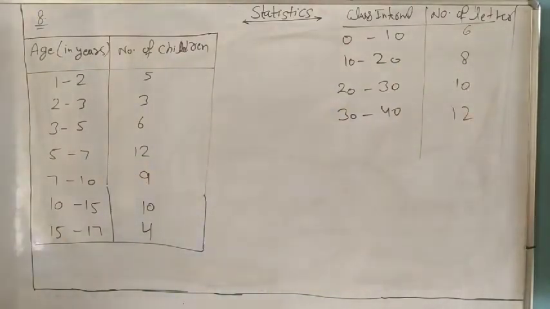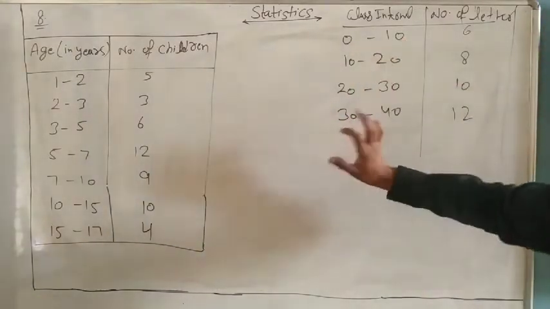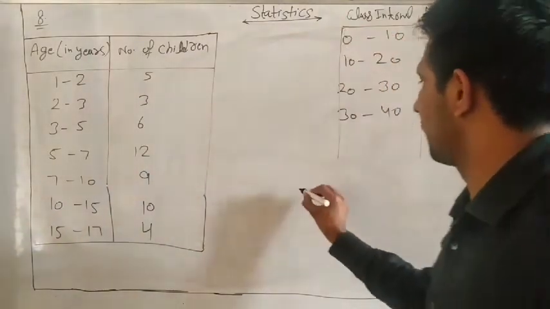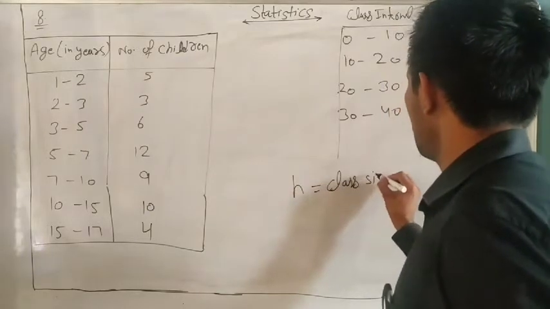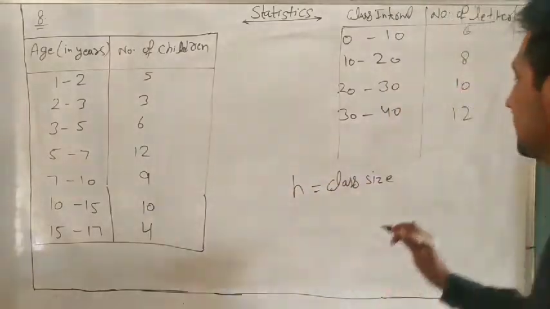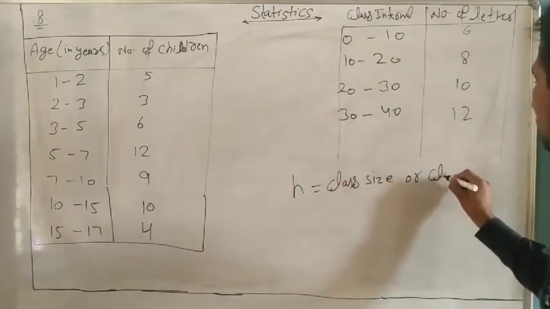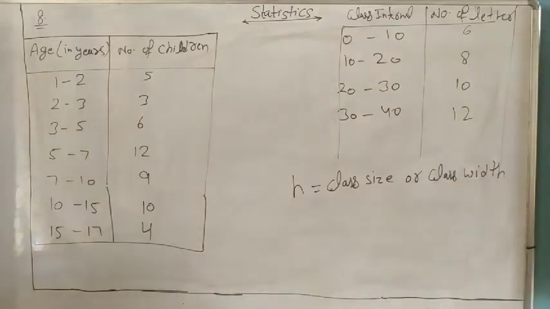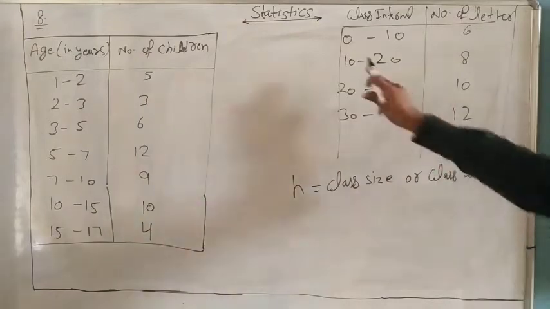If I ask you to represent this data in a histogram, you can represent it easily because it is continuous. But we know the width of a class interval is the class size, or you can say class width. Understand or not? So for class size, 0 to 10 is 10, 10 to 20 is 10.